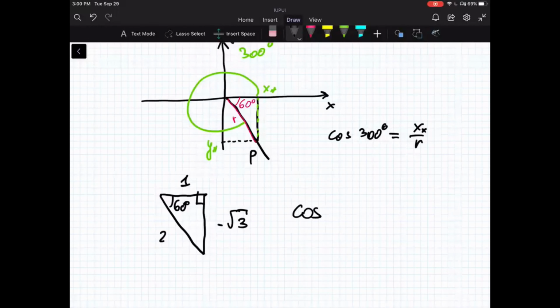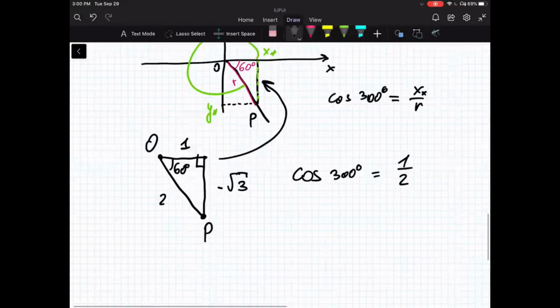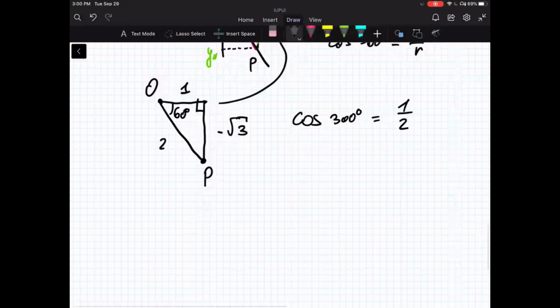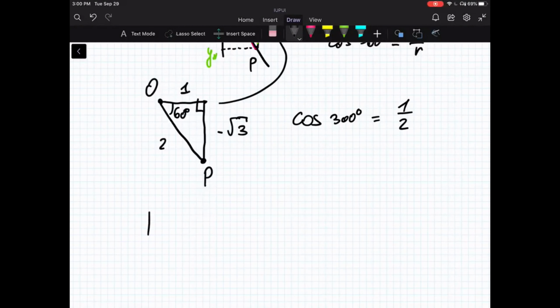Cosine of 300 degrees, if I zoom in on this triangle, here's my point P, will thus be 1 over 2. And the same story holds with all other angles and functions. What is more important, and what we will use later, is radian measure.